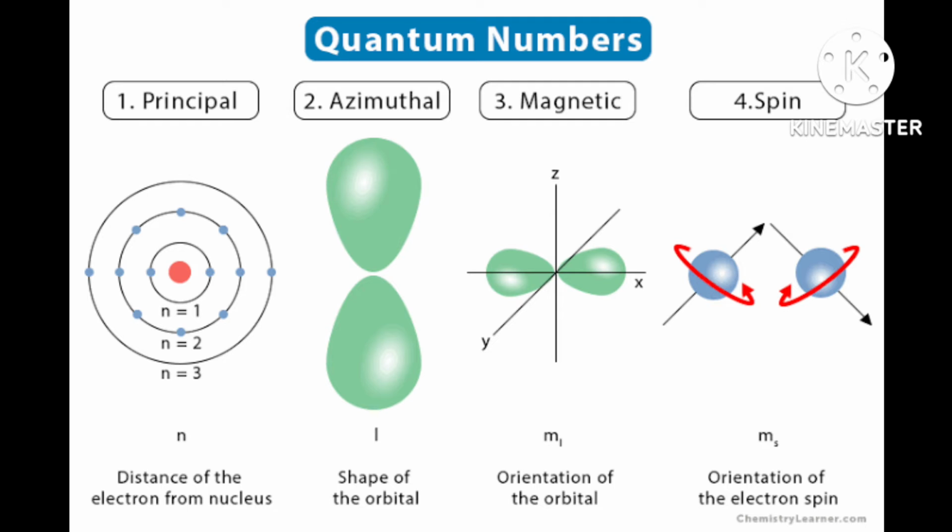Under the subcell, orbitals are there. Then first orbit means n is equal to 1. Here only one subcell will be there, that is the 0 subcell.